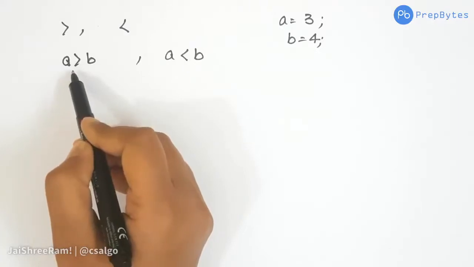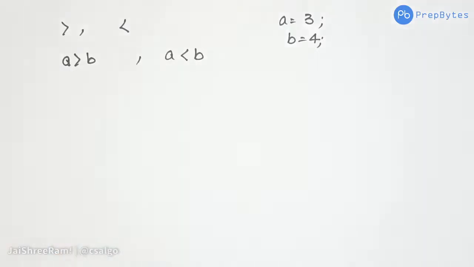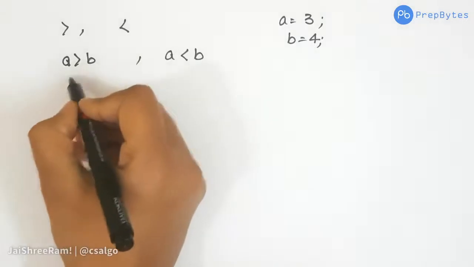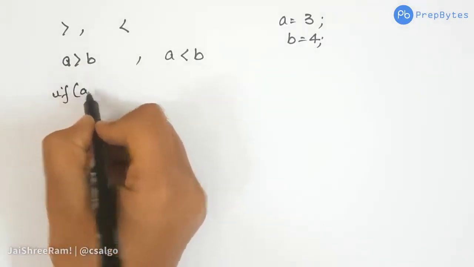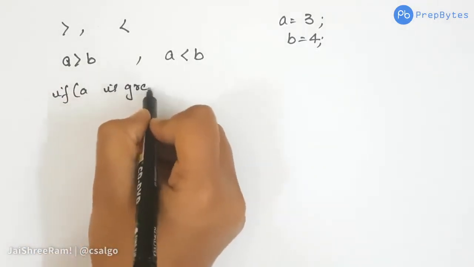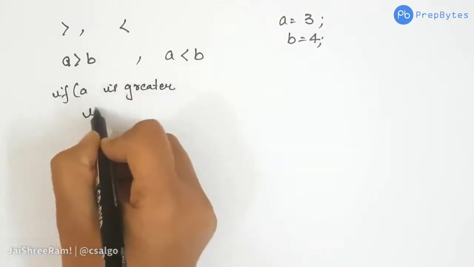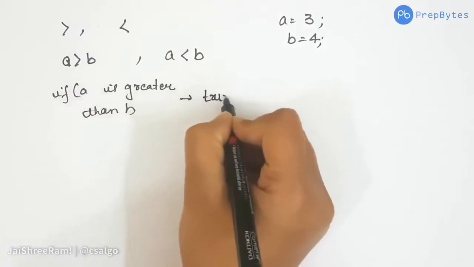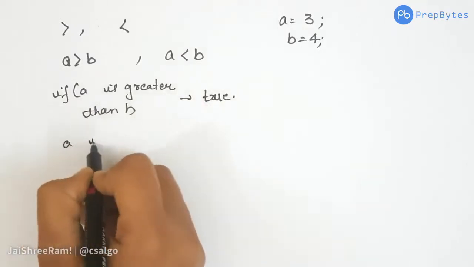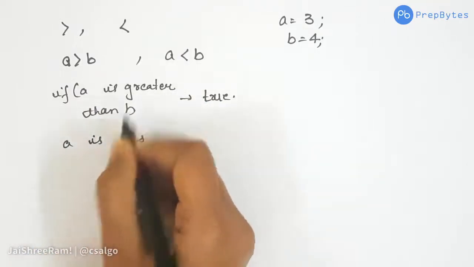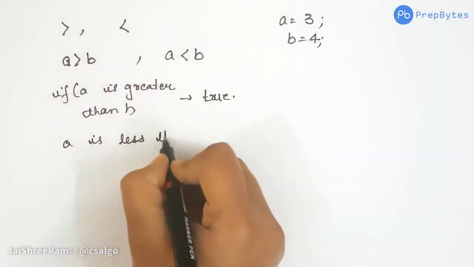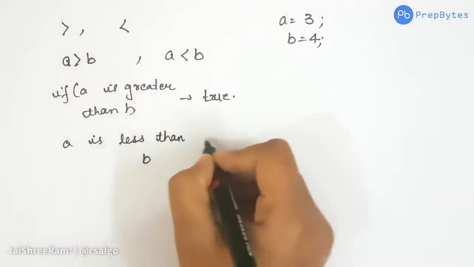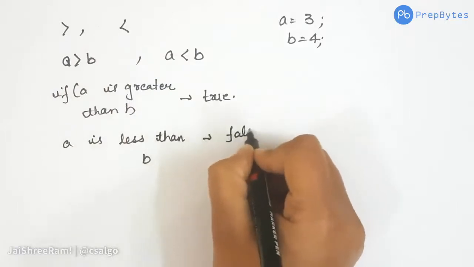If a is greater than b, the output will be true. And if a is less than b, in this particular case, my output will be false.